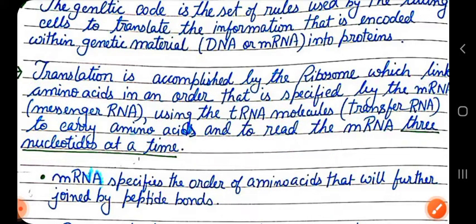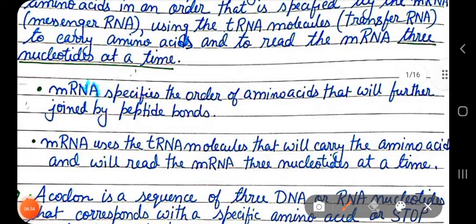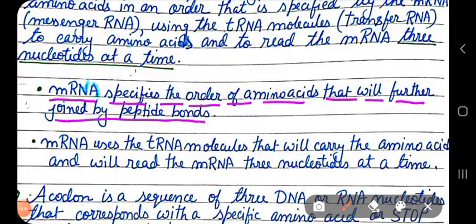Then it is saying that mRNA specifies the order of amino acids that will further join by peptide bonds. So the mRNA which is going to be translated, used as a template for translation, specifies a correct order of amino acids.